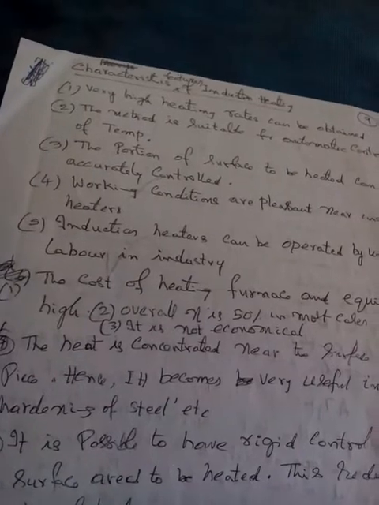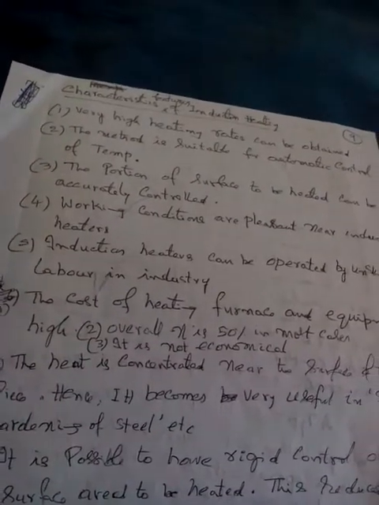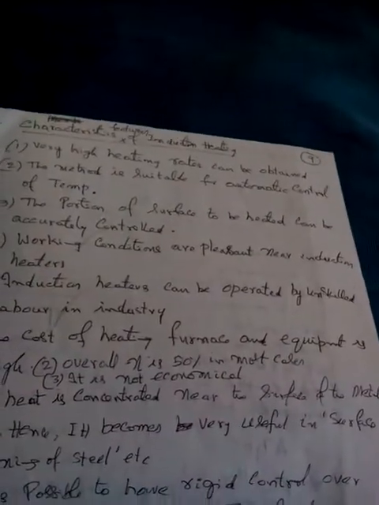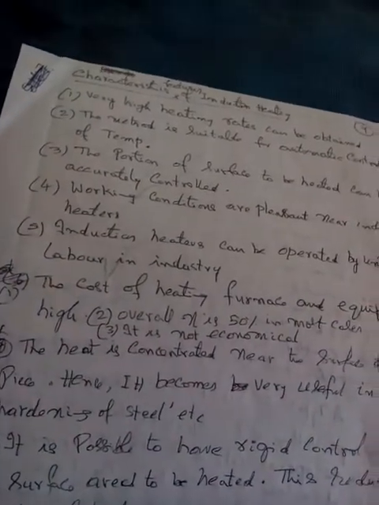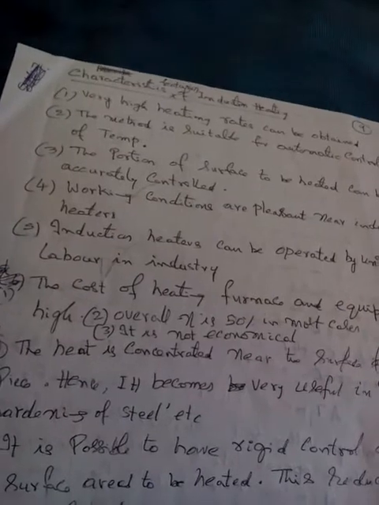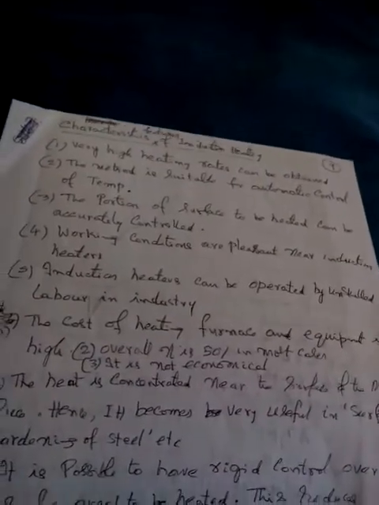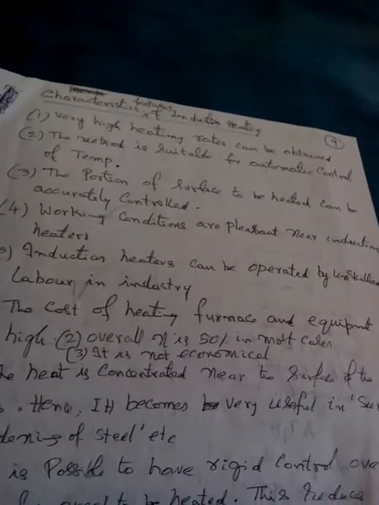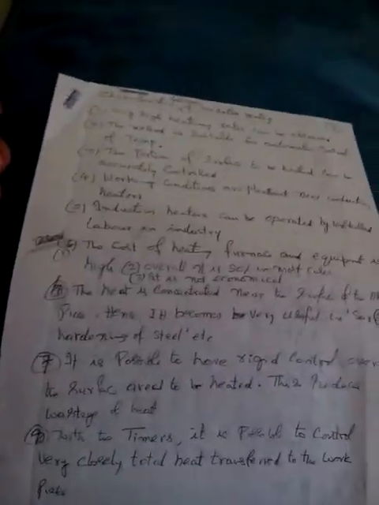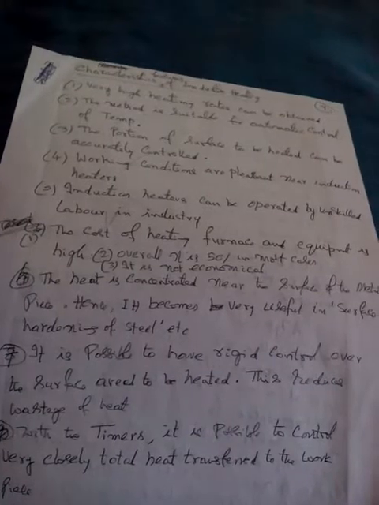Number seven, the heat is concentrated near the surface of the metal piece. Hence, induction heating becomes very useful in surface heating of steel rods, surface hardening of steel rods by heating.